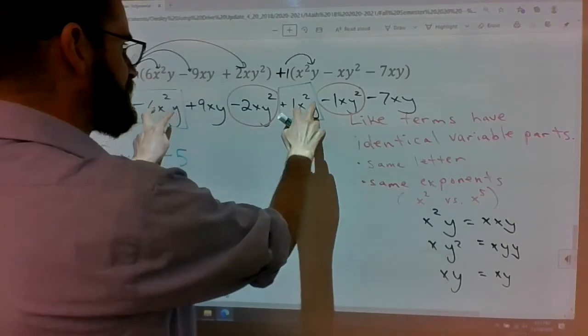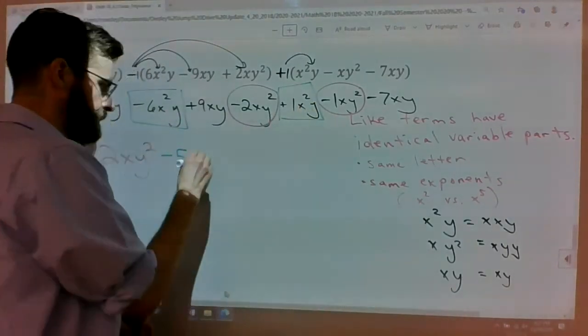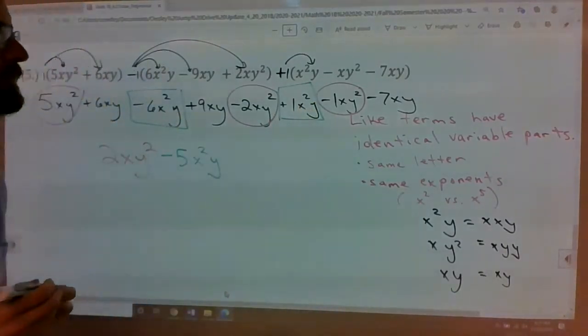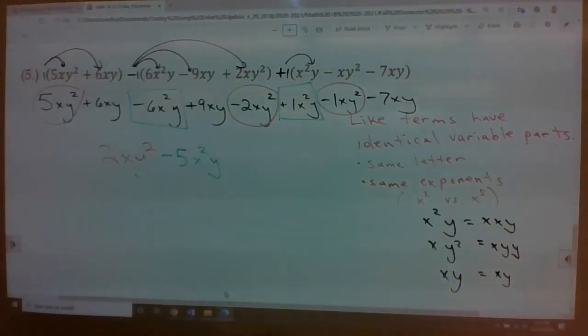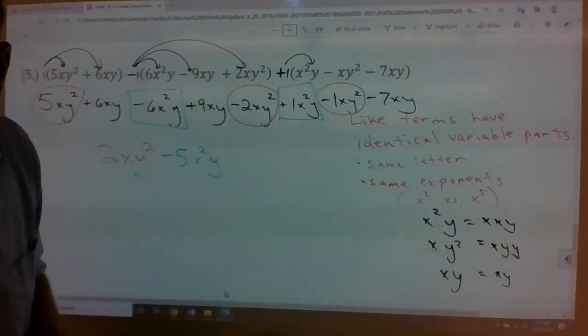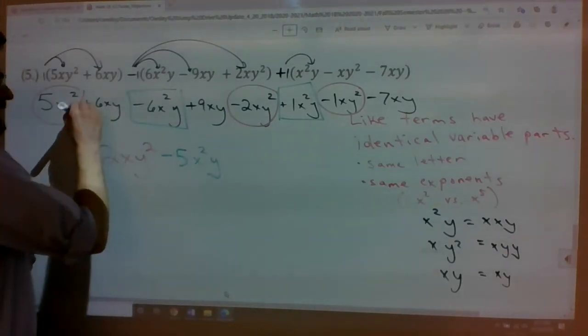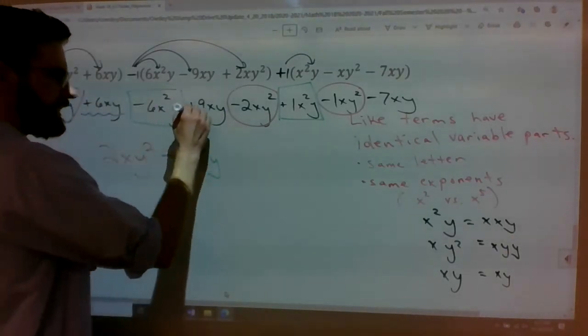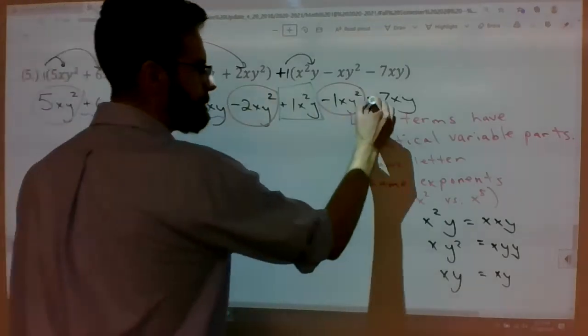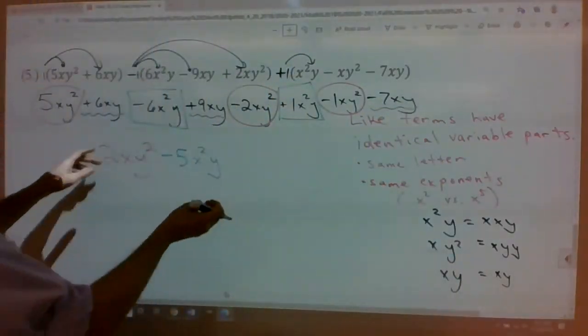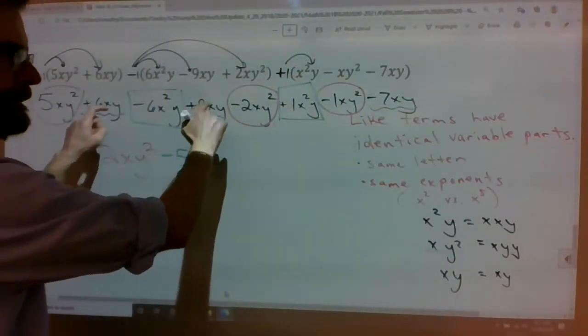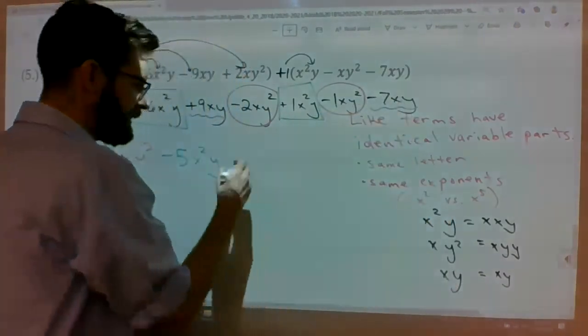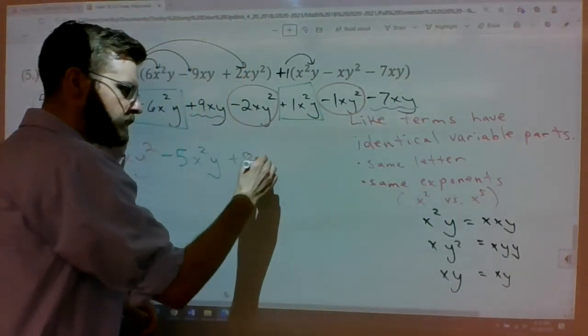Leave the variables unchanged. Yeah, and so then the last move would be, what is 6 plus 9 minus 7? So 15 minus 7 is a positive 8.